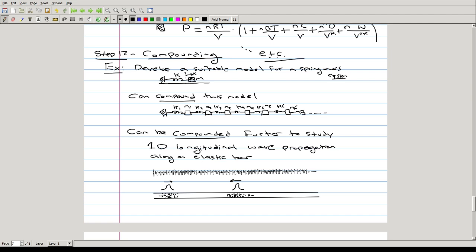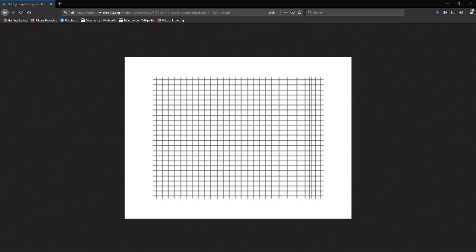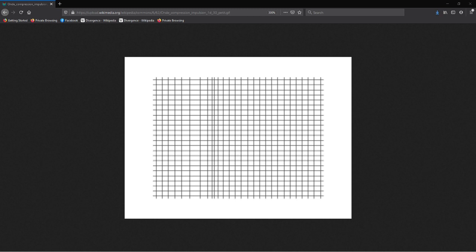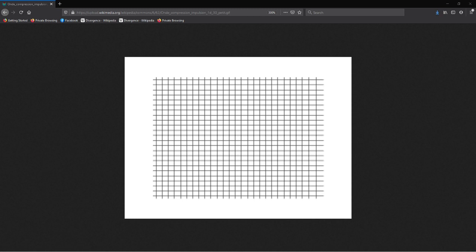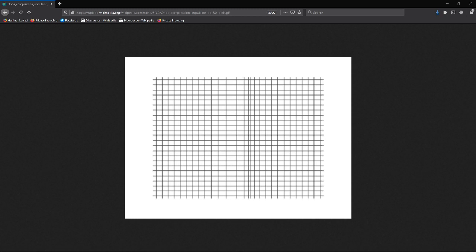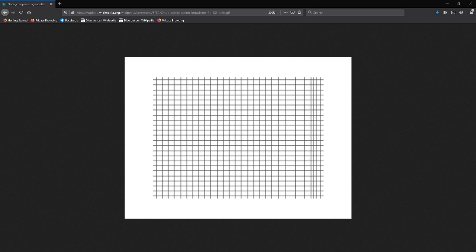And if you're wondering what a longitudinal wave looks like, I have a little animation that I can show you. So this is what a longitudinal P wave would look like as it travels through the material. And this is exactly the behavior that you would expect from systems of springs and masses.